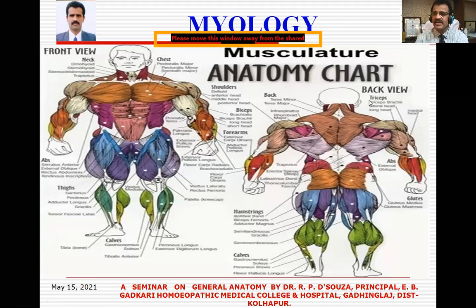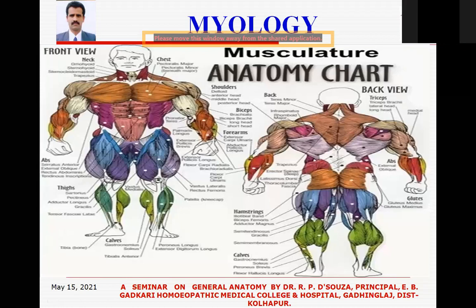So 320 muscles you have to study, plus 1 cardiac muscle plus smooth muscle. They are not separate, but you can consider them as one. So roughly you can say there are 242 muscles in the body. For smooth muscles we count one, because smooth muscles of different regions cannot be separated and named.